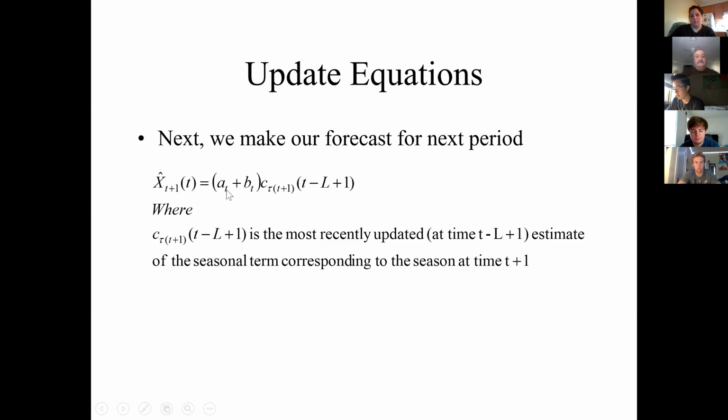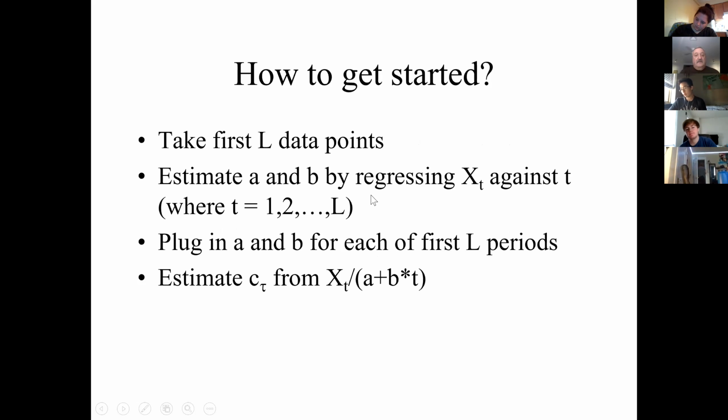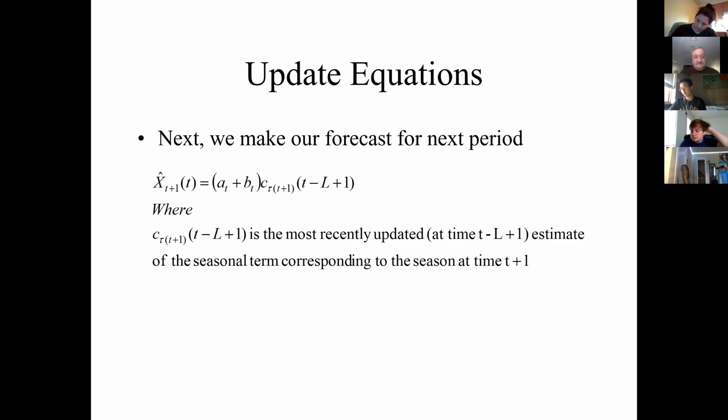We just updated the seasonal adjustment factor for October, but we're trying to forecast November. So we want to use the seasonal adjustment factor for November, which was last updated 11 months ago. So that's what all this time notation means here. Okay. So that's basically how you get the forecast.